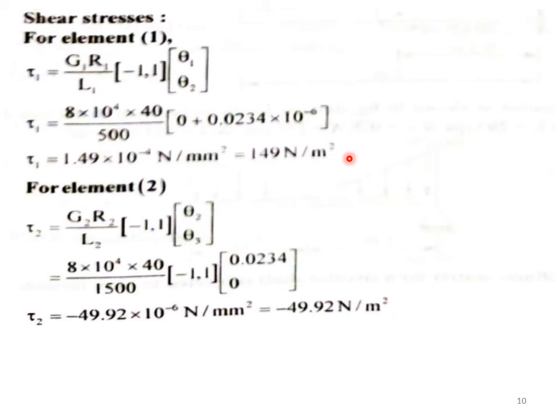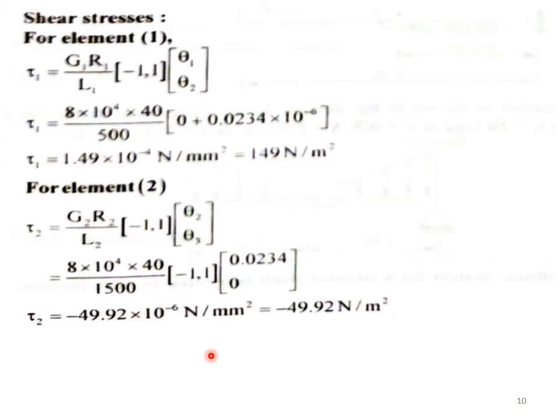Similarly, for element 2, tau 2 is equal to G2 R2 by L2, minus 1 1, theta 2 and theta 3. 8 into 10 to the power of 4 into 40 divided by 1500, minus 1 1, 0.0234 and 0. These are the values of theta 2 and theta 3 respectively.